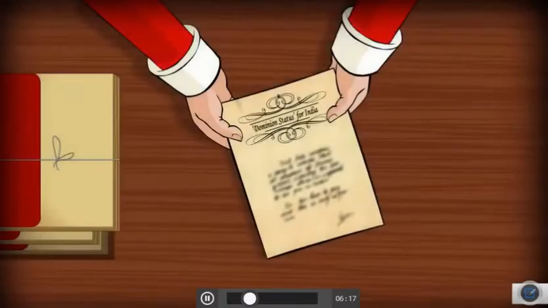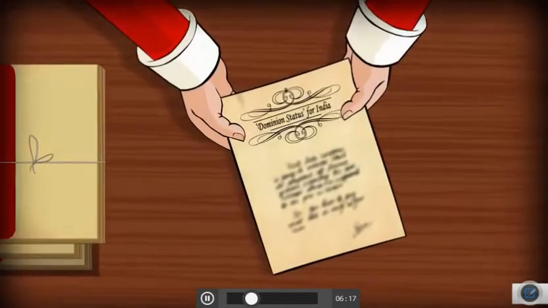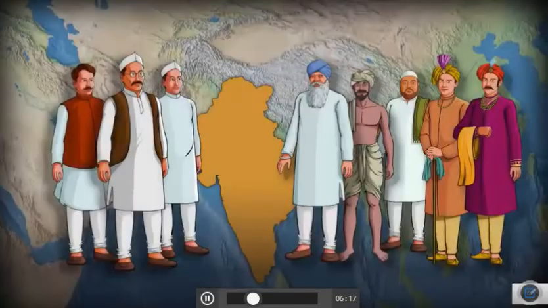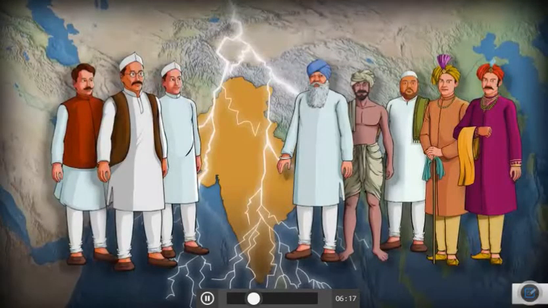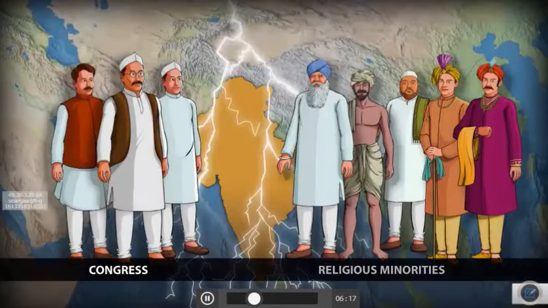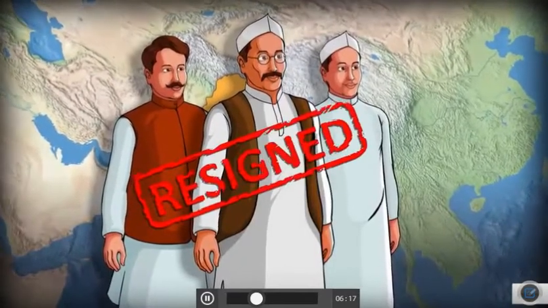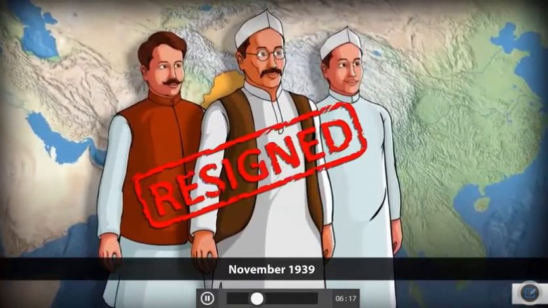British Viceroy Lord Linlithgow failed to give any such assurance and only declared dominion status as the goal of British policy in India. The British also took advantage of differences between the Congress and the religious minorities and the princes and created rifts between them. This led to the resignation of several Congress leaders in November 1939.